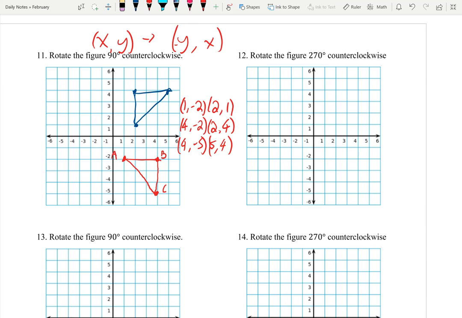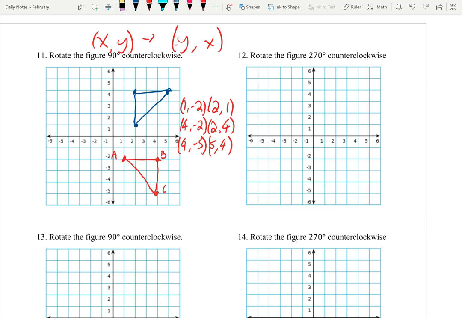Or you could just take the paper you're holding itself, rotate it a little bit, and you can see kind of what it would look like if you had moved it in that direction. So yeah, it's just rotating. It's just turning. So you can literally turn your piece of paper and you can see kind of the results afterwards too.